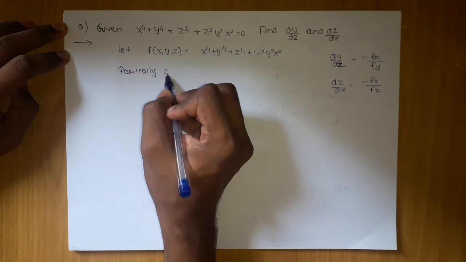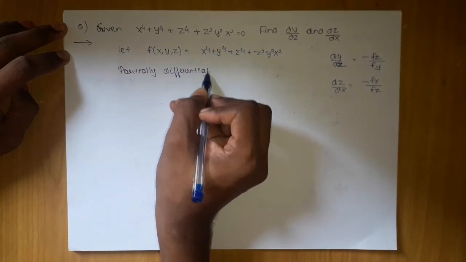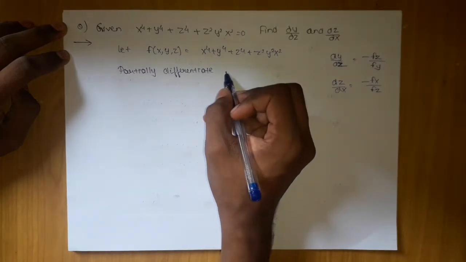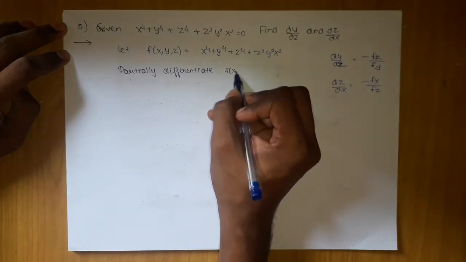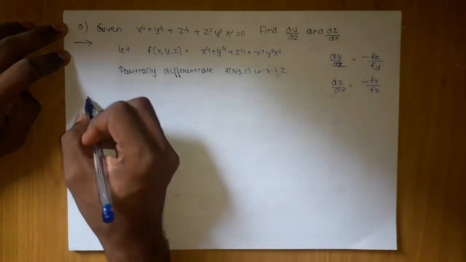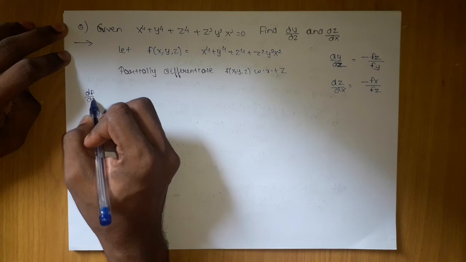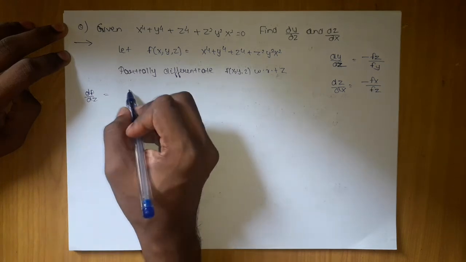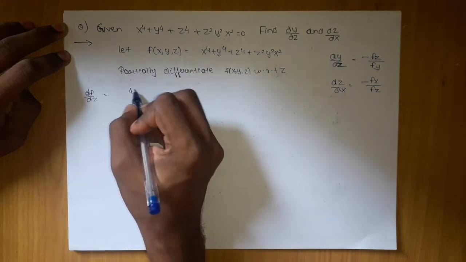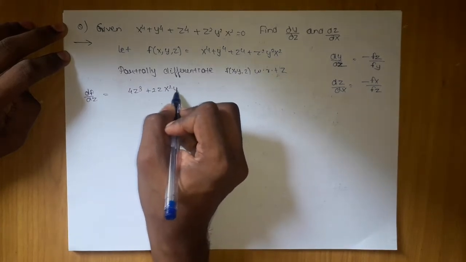Partially differentiate f of x comma y comma z with respect to z. We get dou f by dou z, which is nothing but 4z cube plus 2z x square y square.